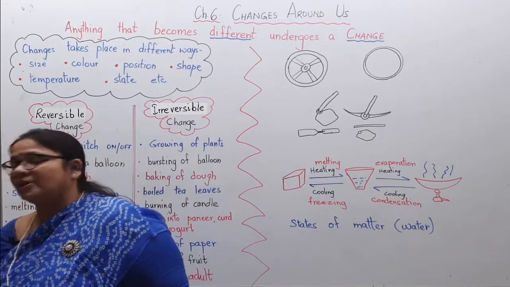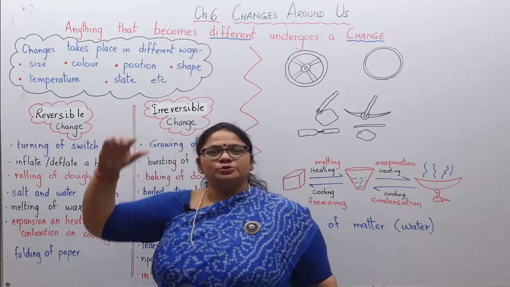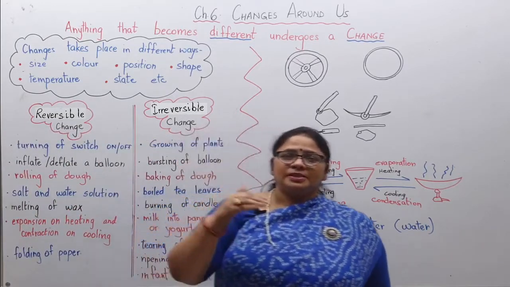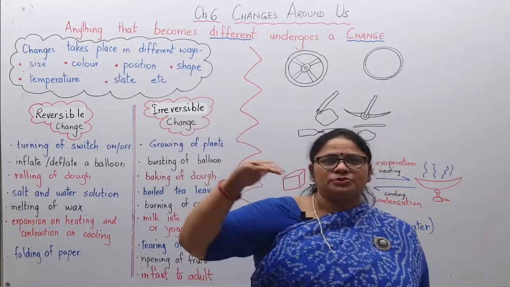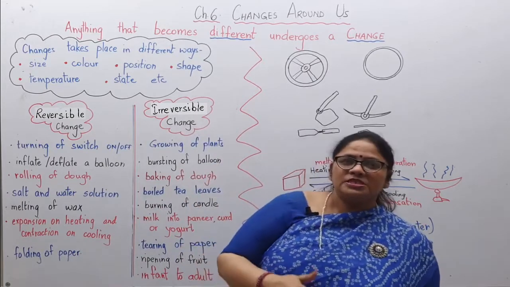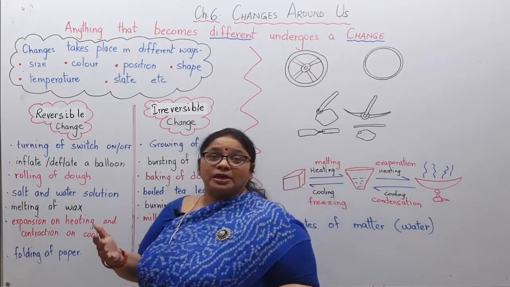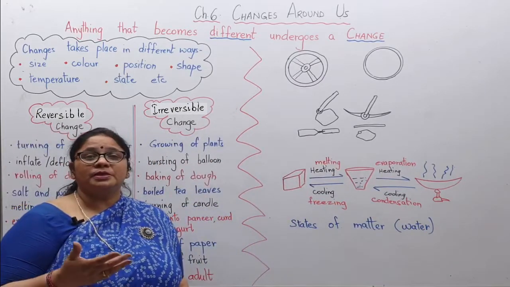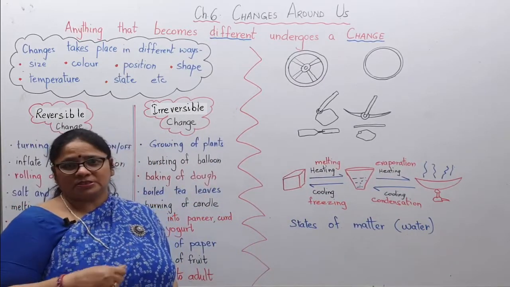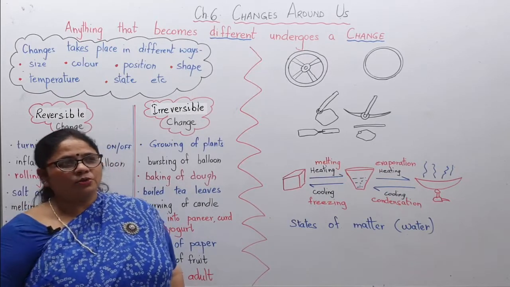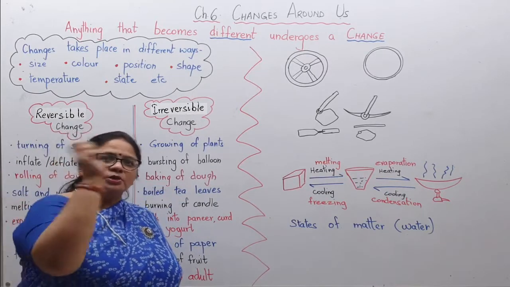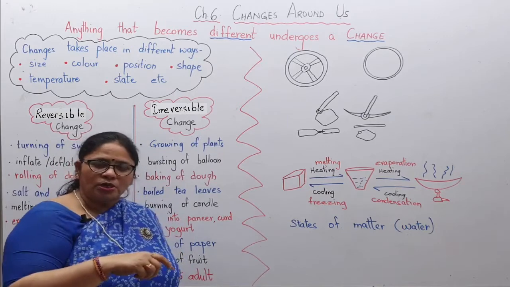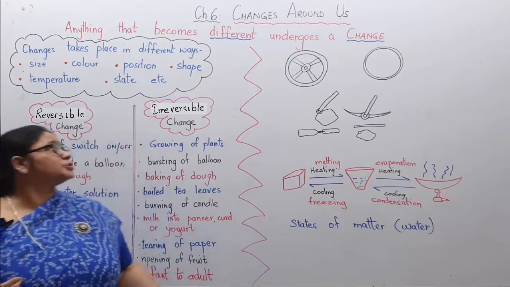From the ground level to the peak level, their position is changing from the ground to the peak. So these are changes in position. And one more example, if you play tennis or badminton, from one court to the other court you keep on throwing the ball or the cork. So this is the change in position.